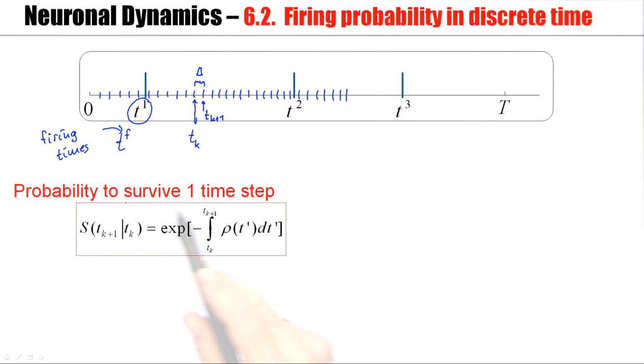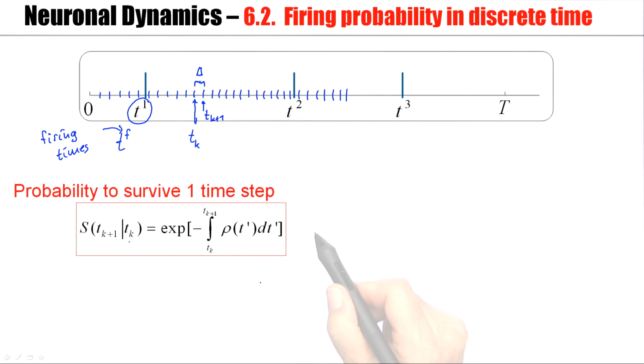So the probability to survive for one time step is, now starting at tk, this is not necessarily a reset, this is not necessarily a firing time, this is the start of my time bin, up to the next time bin. What's the probability to survive for this time delta, for one time step? Well, just as before, it's just the exponential, we have to integrate this.